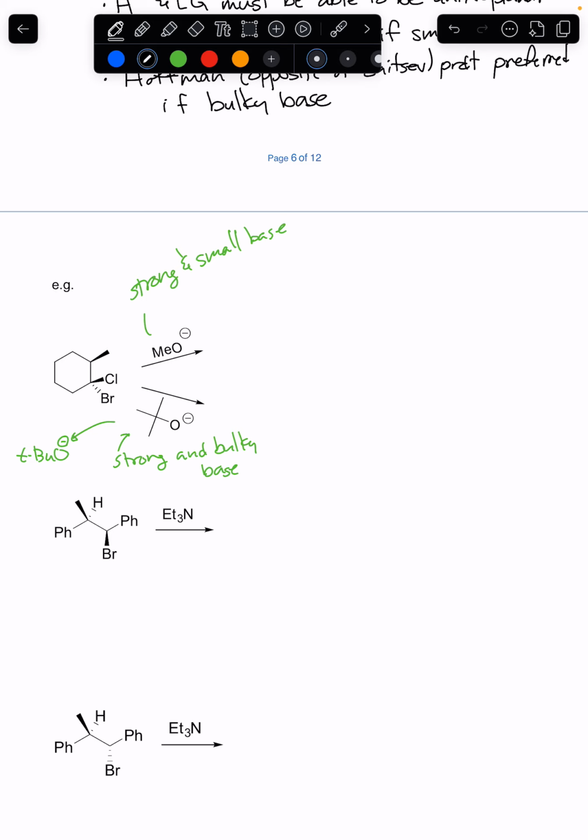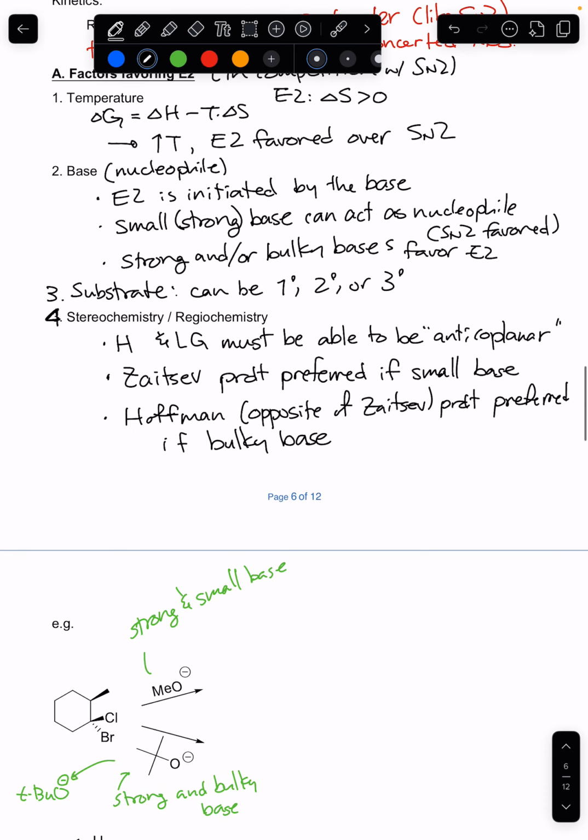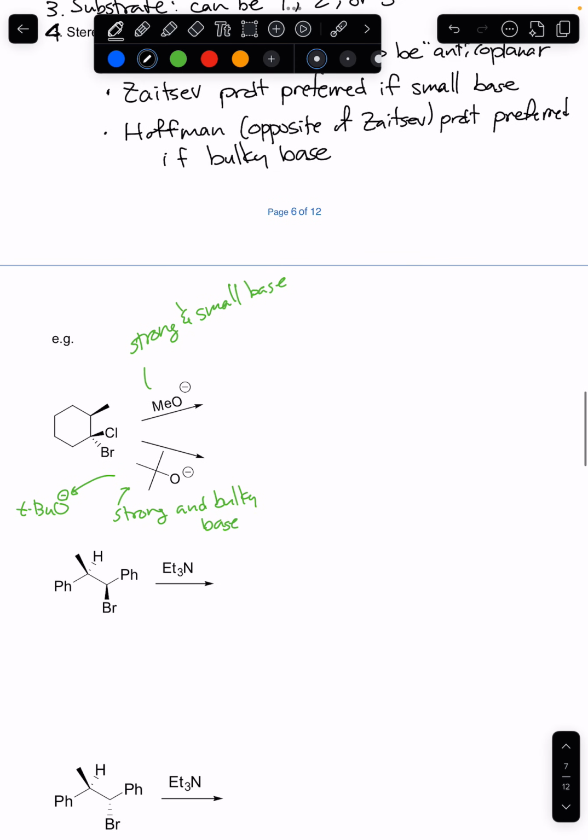Because E2 has this anti-coplanar requirement, often it's important that you think about the reaction in terms of 3D structure, not just flat structure. Okay. That's not a very good chair.